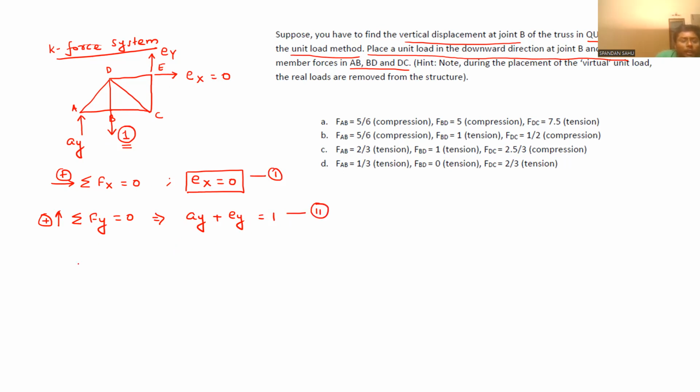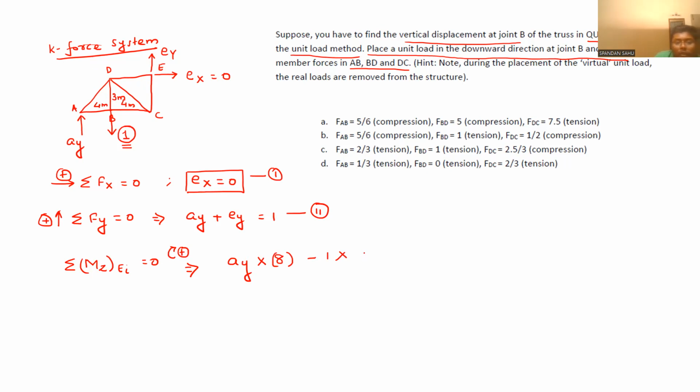Now let us do summation of moment about point E equal to 0. Here I am taking clockwise sense to be positive. So Ay into lever arm, this was 4 meter, this was 4 meter, and this vertical length was 3 meter. So Ay into 8 meter clockwise minus 1 into 4 meter.